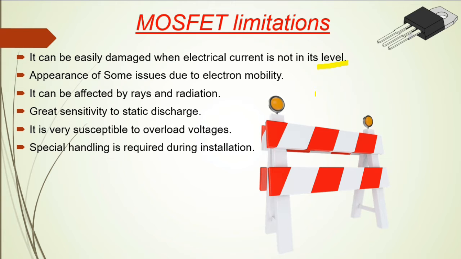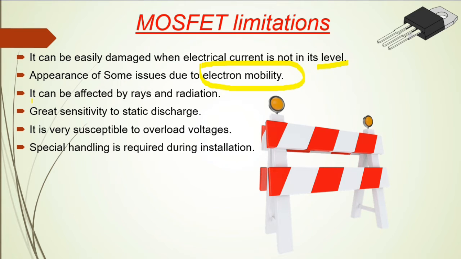Okay, so it can be easily damaged when the electrical current is not at its proper level. Here we have the appearance of some issues due to electron mobility. Of course, as with any electronic device, sometimes some issues can appear because of the mobility of electrons.